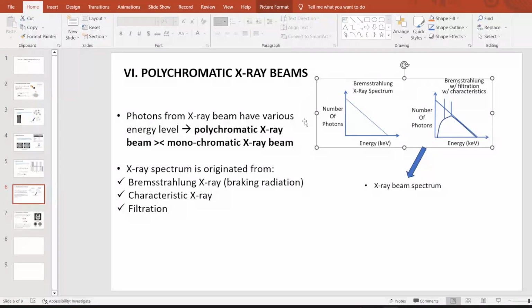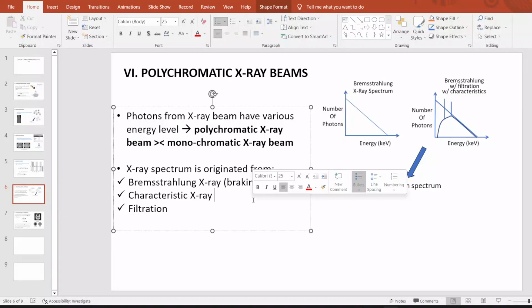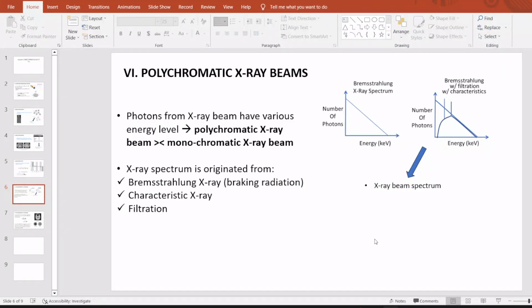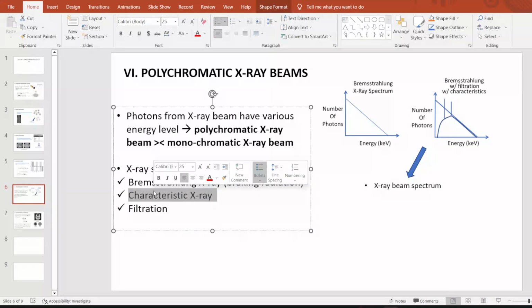So the line has this shape. But there's another phenomenon that occurs when the electron meets the anode of the X-ray tube: the characteristic X-ray. This occurs when an electron from the cathode goes at a very high speed and kicks an electron of the anode material out of the atom.